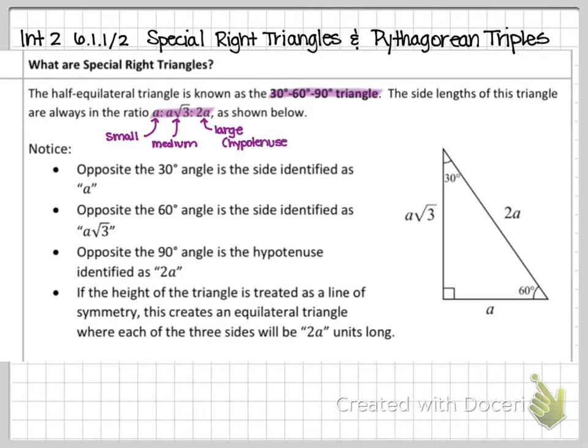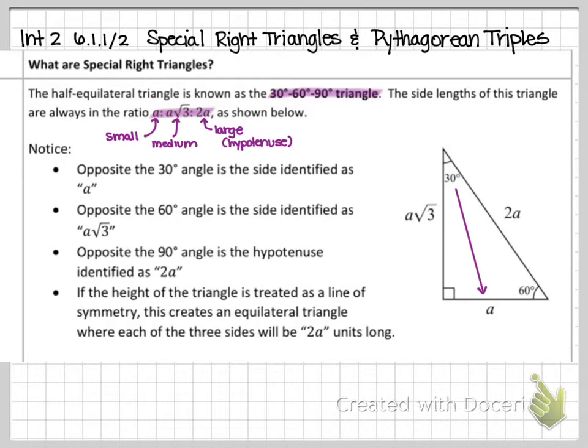Okay, so what we have on this slide is just the picture version. I want to go through and identify the sides. As a reminder, we already talked about the smallest angle being partnered with the smallest side. So if we start at the 30-degree angle and go across from it, 30 is the smallest angle, which means opposite it is also the smallest side.